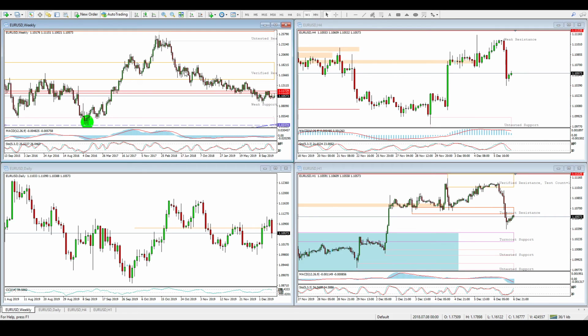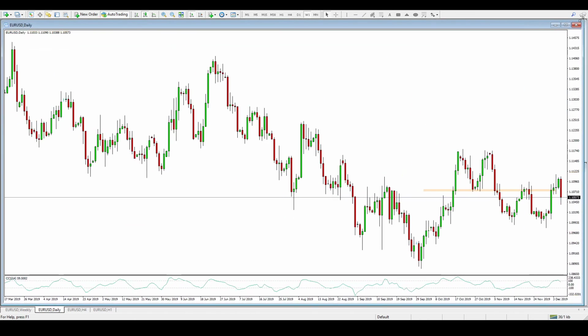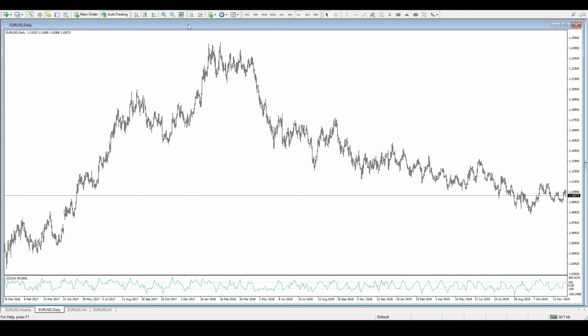Okay, next thing we want to take a look at is what has been happening in recent months. For that, we go to daily. On a daily, let's zoom in. We had support, breaking, came back, retested it, again, support, broke here.